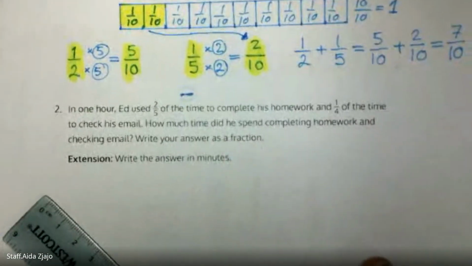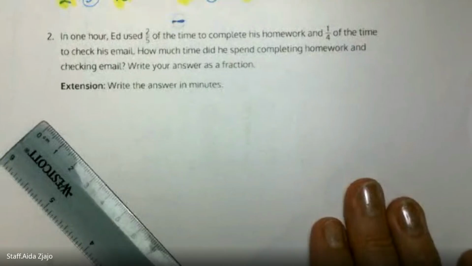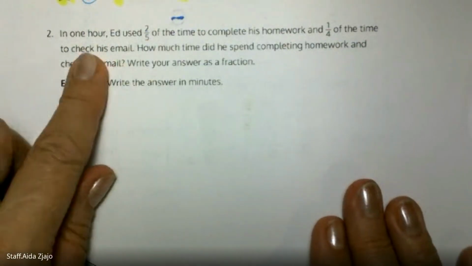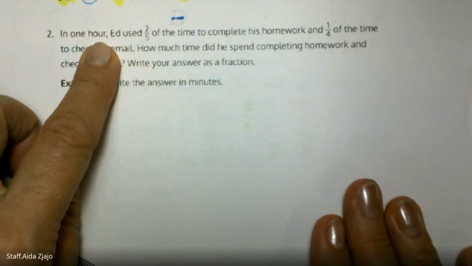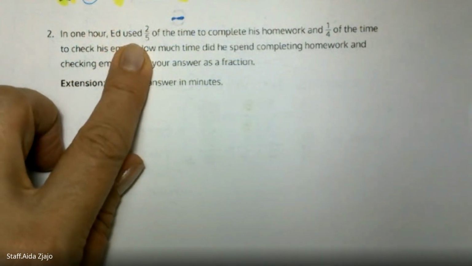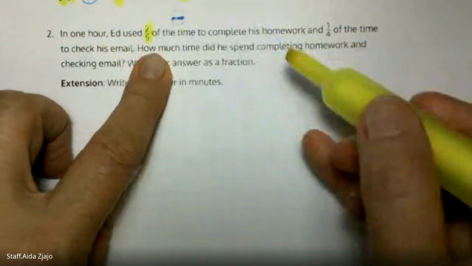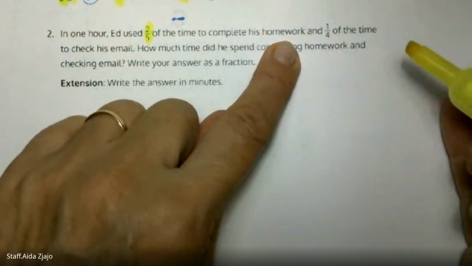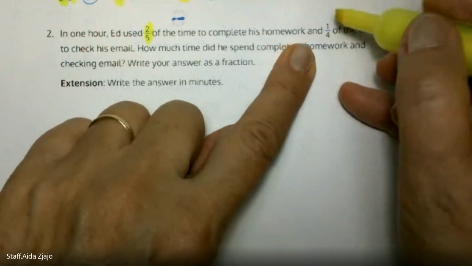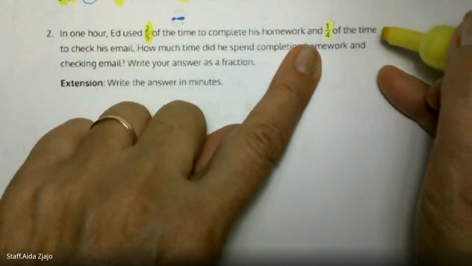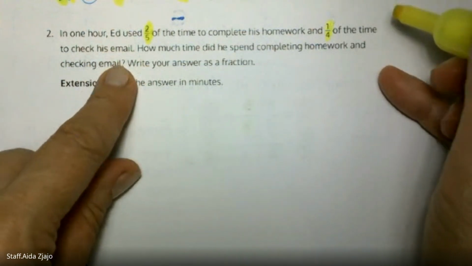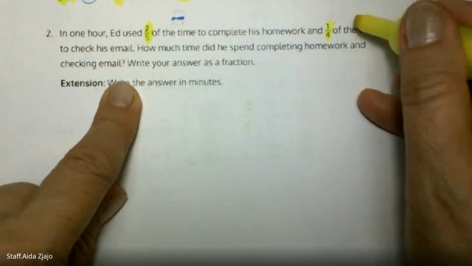Now we're going to go to problem 2. Okay. In 1 hour, Ed used 2/5 of the time to complete his homework and 1/4 of the time to check his email.